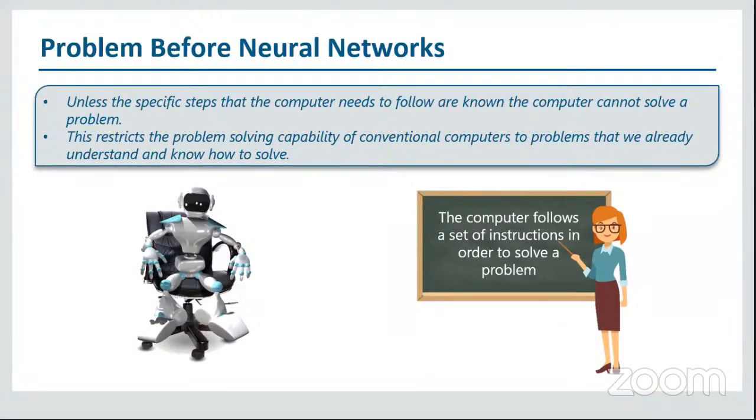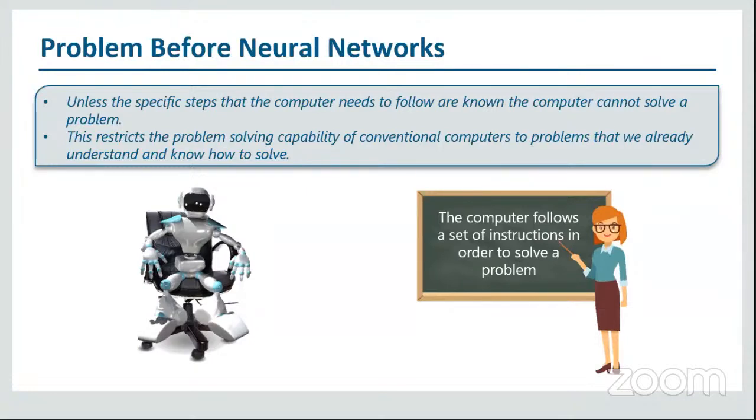But making a machine do that using conventional approaches fails drastically, right? The computer follows a set of instructions in order to solve a problem, which means if there is a gap in the instructions, the computer fails to solve the problem.